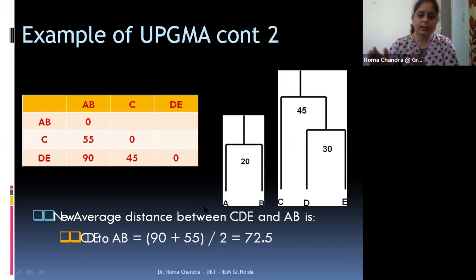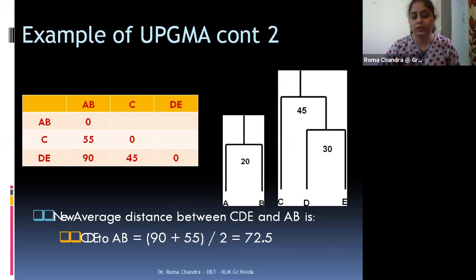We still have two different common ancestors: one connecting A and B, and the other connecting D, E and C. Still we have two different branches, but we want to understand how they are connected to each other. Is there any kind of relationship, and what is the distance between these branches?